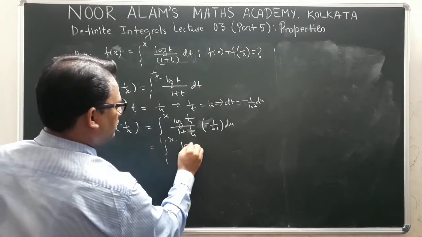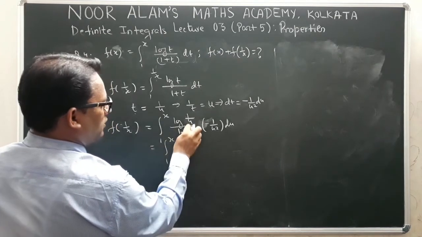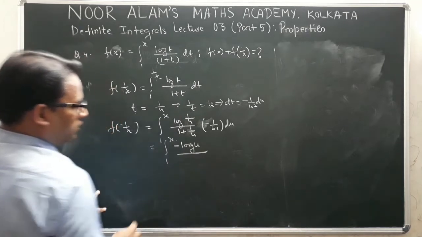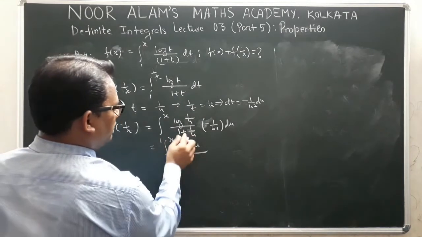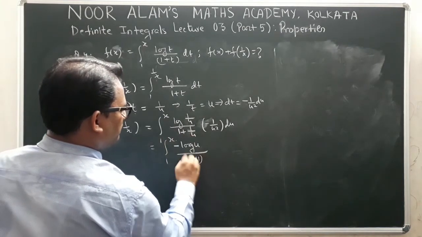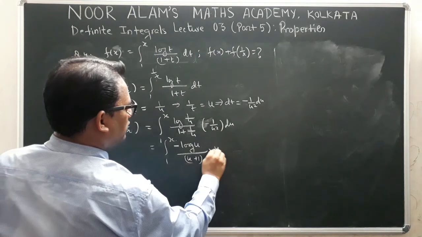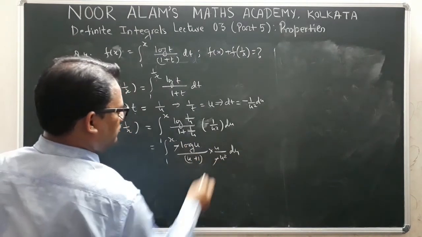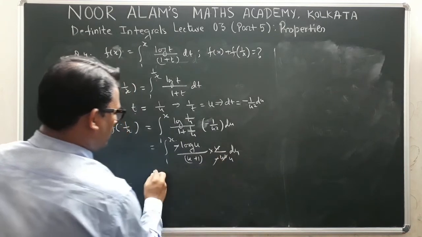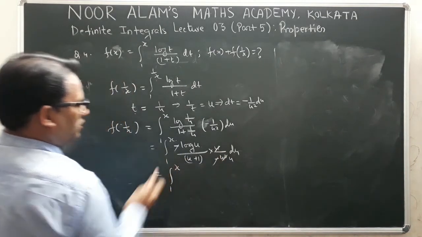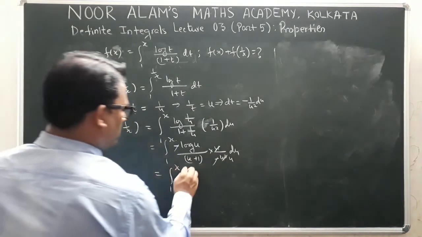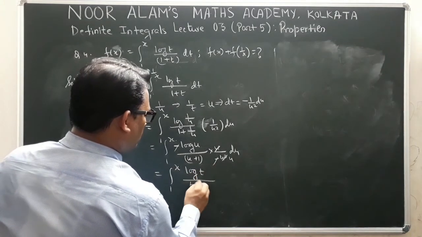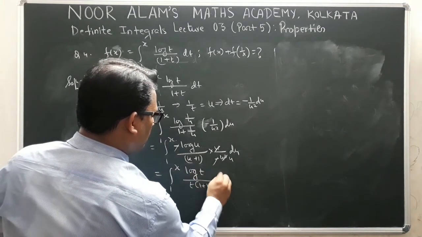The log can be written as log of 1 by u, taking the power minus 1 outside. From here, after simplification, this minus cancels out, this u cancels out, and you know that the integration is independent of change of variable, so we again write u as t. So we get the integral of log t by t into 1 plus t dt.